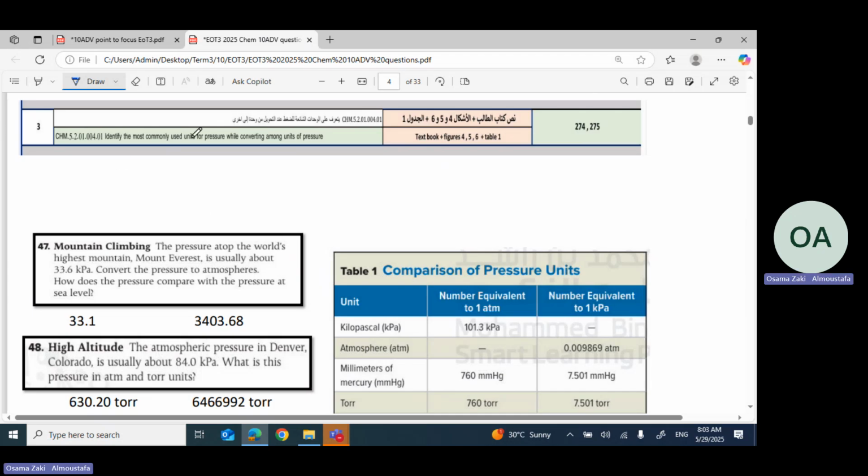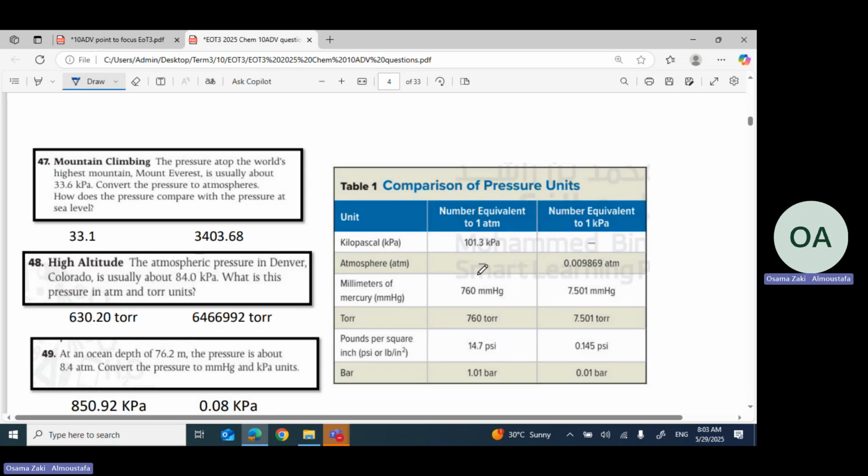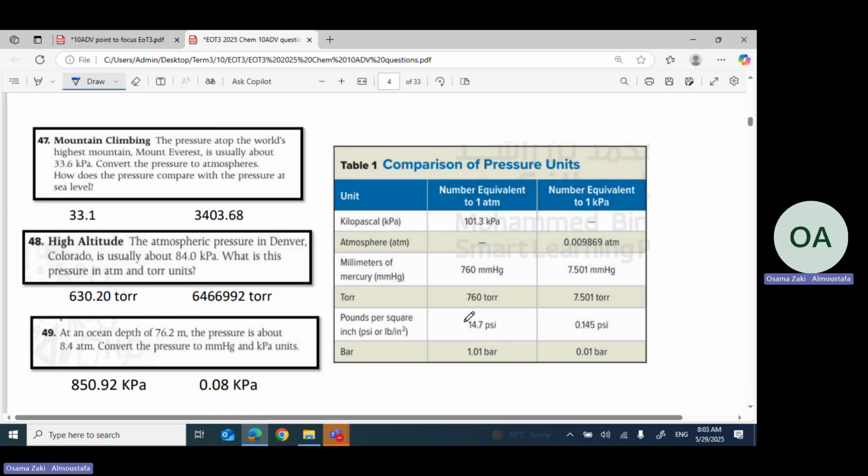Here, identify the most commonly used units for pressure while converting among units of pressure. Okay, so here we have the table.